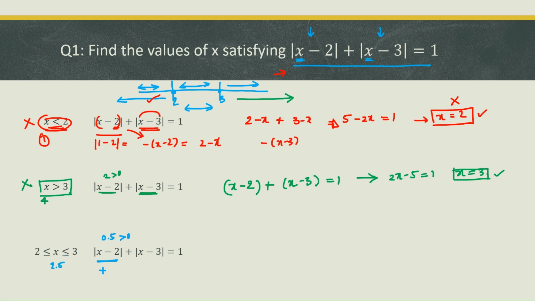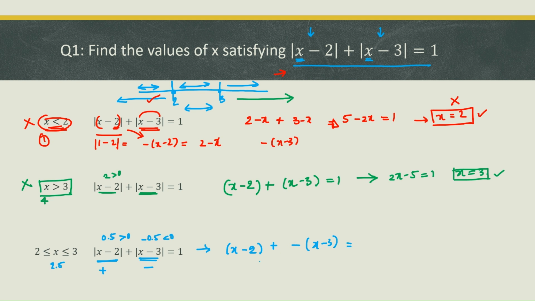For x between 2 and 3, this value would be negative, because 2.5 minus 3 is minus 0.5, which is less than 0. That means this comes out as negative. So as you know what to do, for positive we need not take the mod, but for negative we open the modulus with a negative sign, that is minus of x minus 3, right?